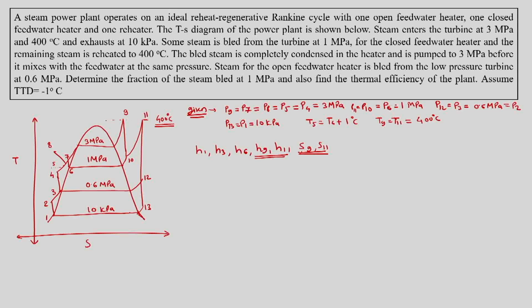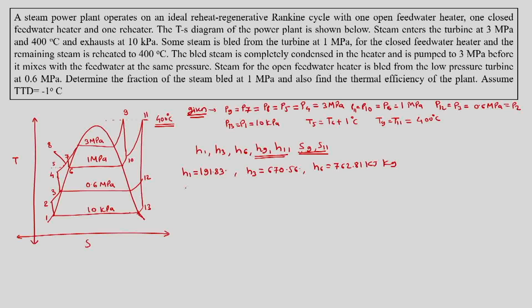So we will have H1 equal to 191.83, H3 equal to 670.56, and H6 equal to 762.81 kilojoule per kg, all having the same units.